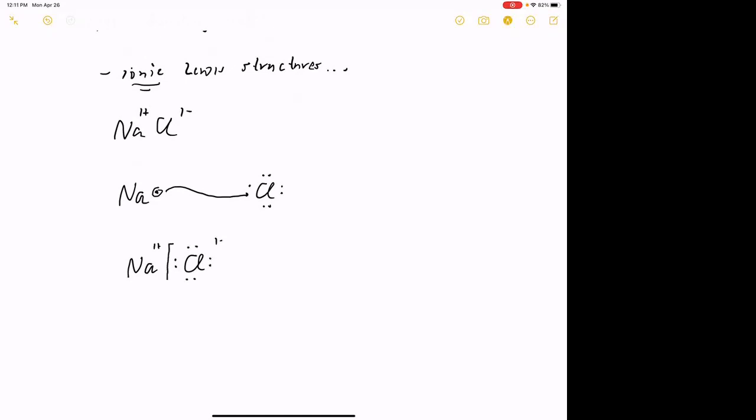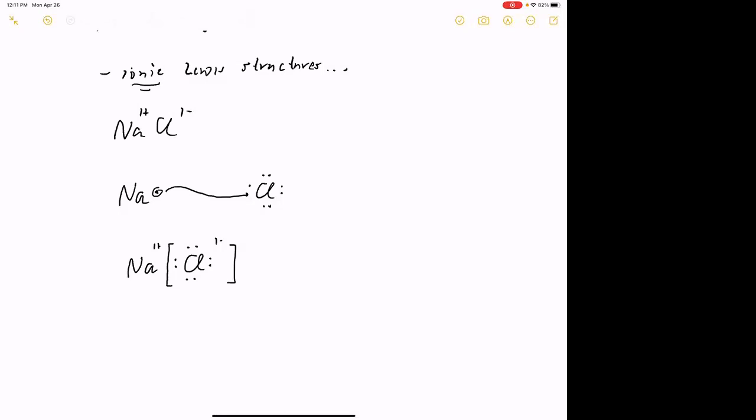Now, what we normally do is put a set of brackets around that to show that the chloride ion actually owns all 8 of those electrons. That's how we would make an ionic Lewis structure to show that ionic bond between sodium ion and chloride ion.